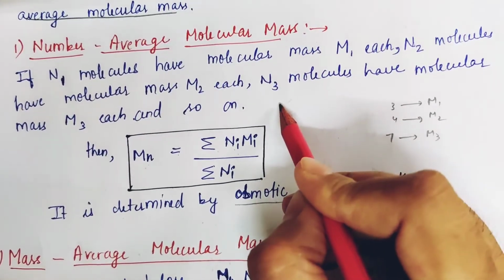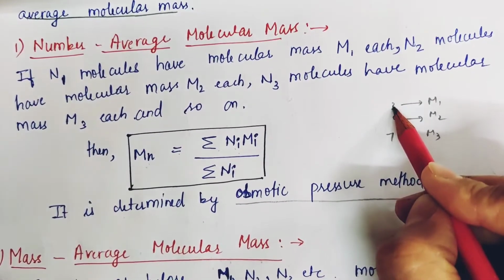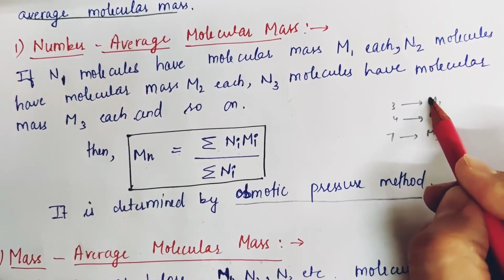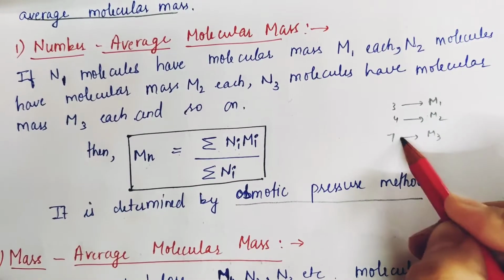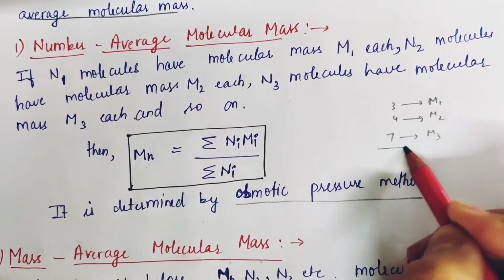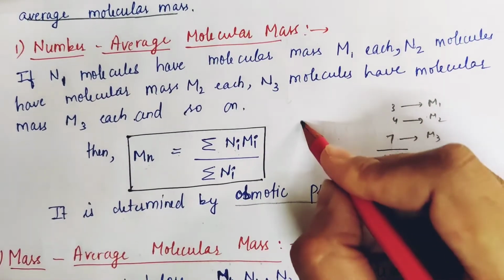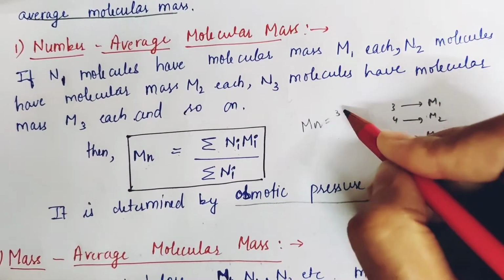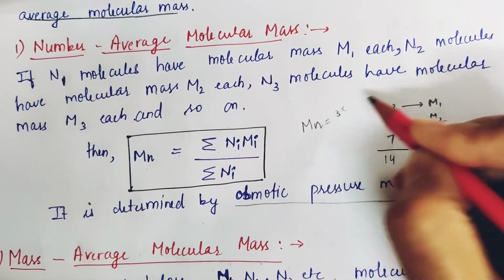Let's understand it in a simpler way. Let's say a sample has three molecules or three polymeric chains which have a molecular mass M1, 4 which have M2, and 7 which have M3. Let's suppose there are only 14 chains in total. So if we have to find out the number average molecular mass, we'll take the summation of product of Ni into Mi.